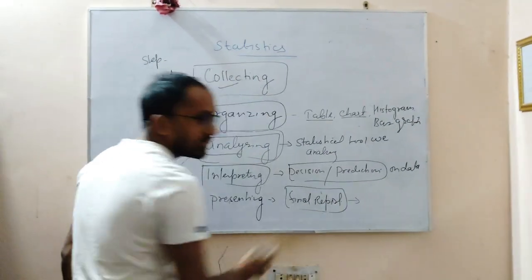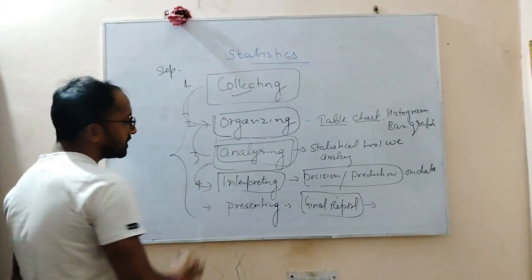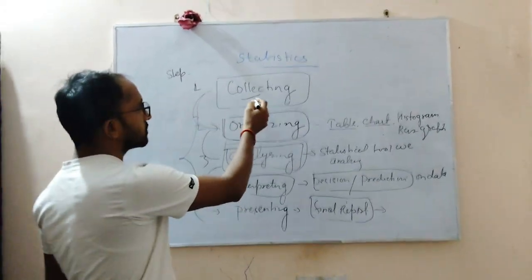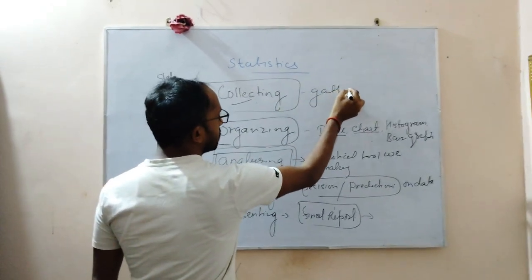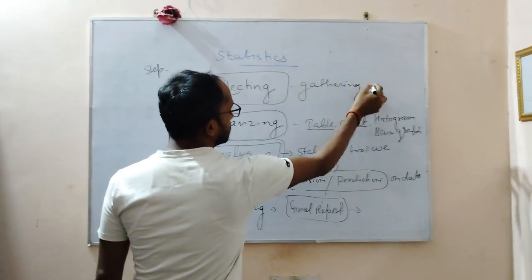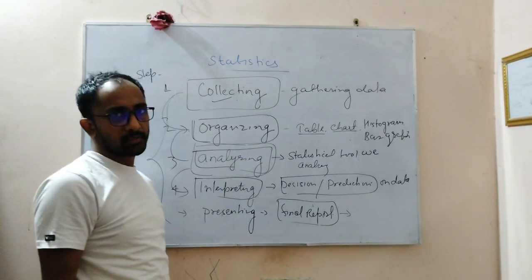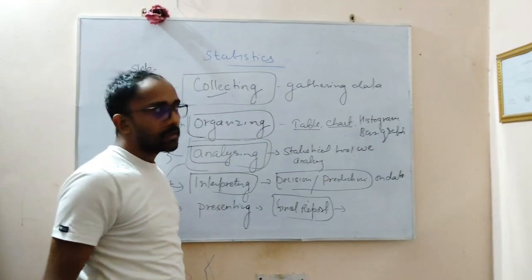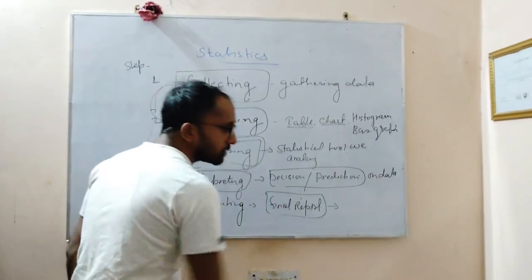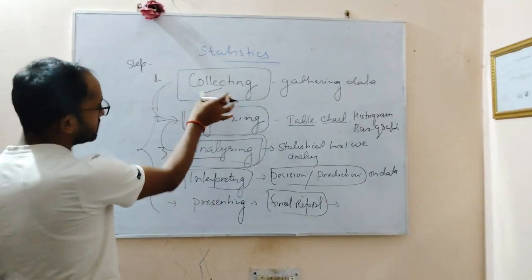We have to present at the end after doing these steps. The first one is collecting, or gathering, data from different sources, that may be surveys or other resources. This is the first step.